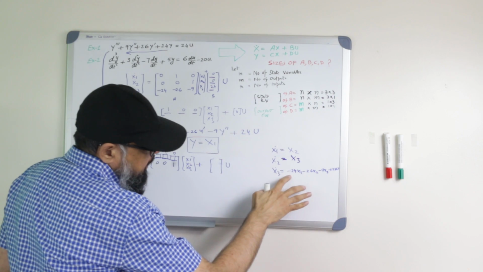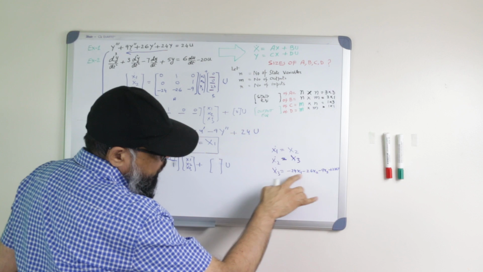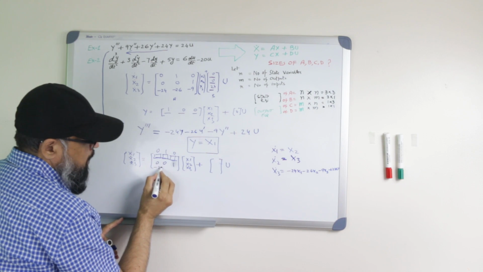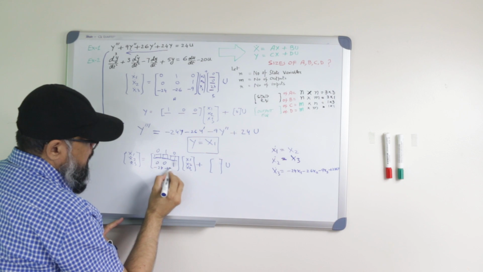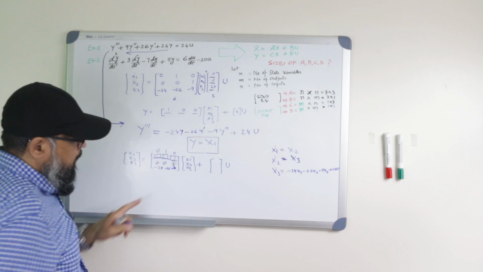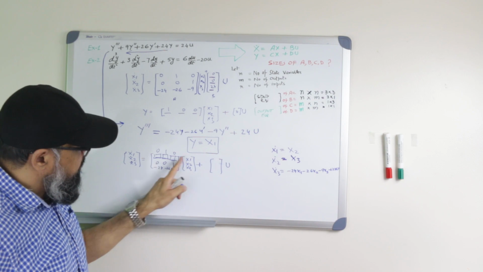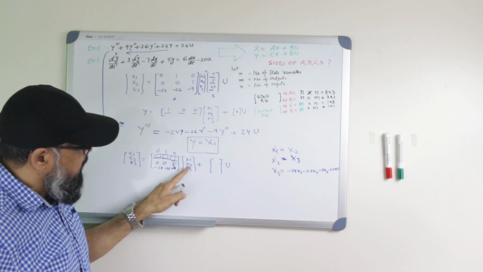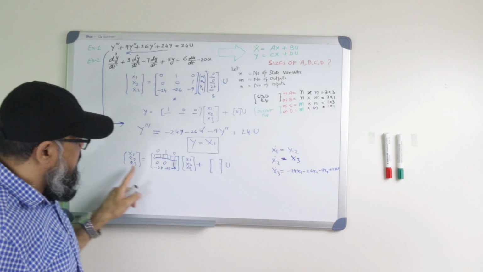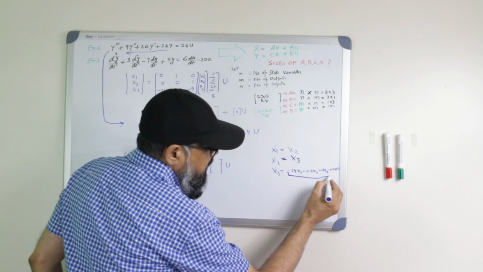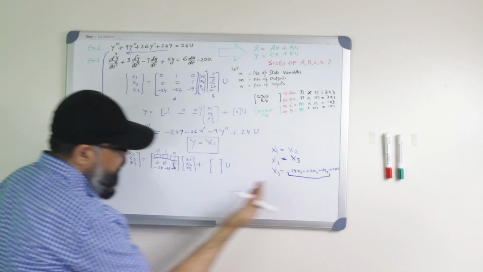If I write the same thing here, minus 24, minus 26, minus 9, because this is multiplied by x1, the first element with the first, second with the second, third with the third, we add these together and we get this part of x3, and plus 24u.